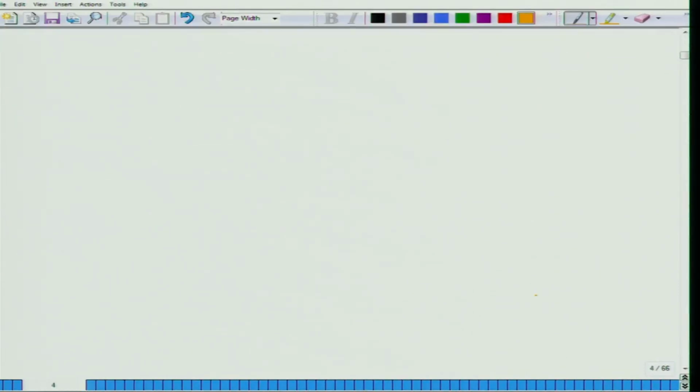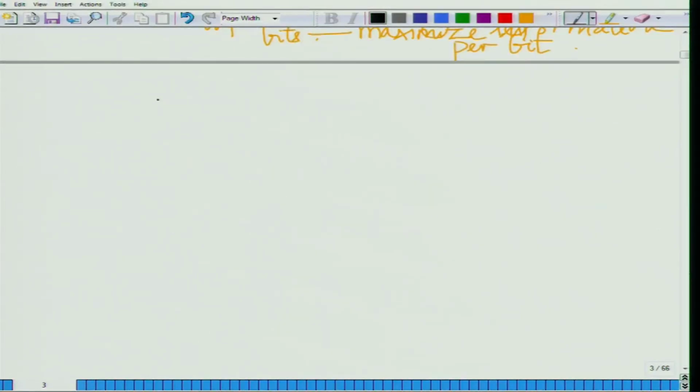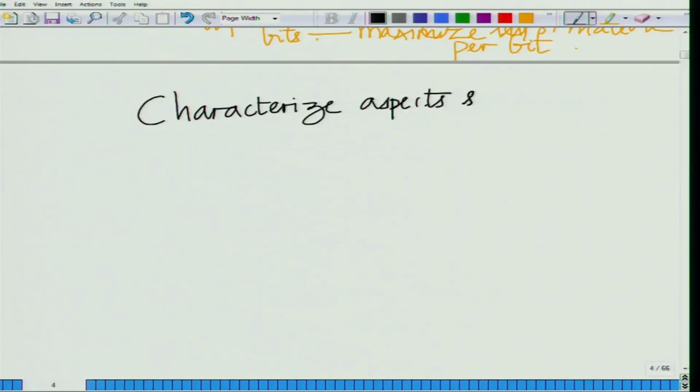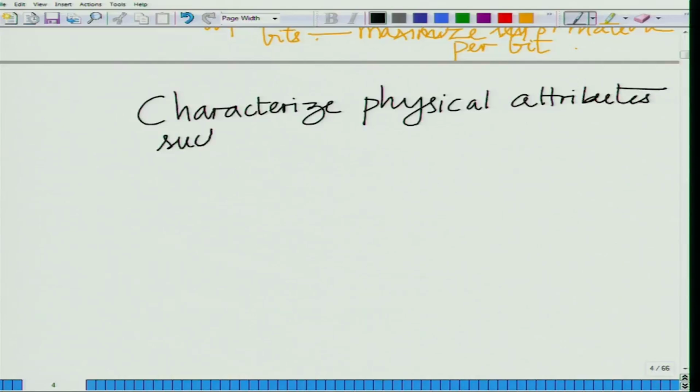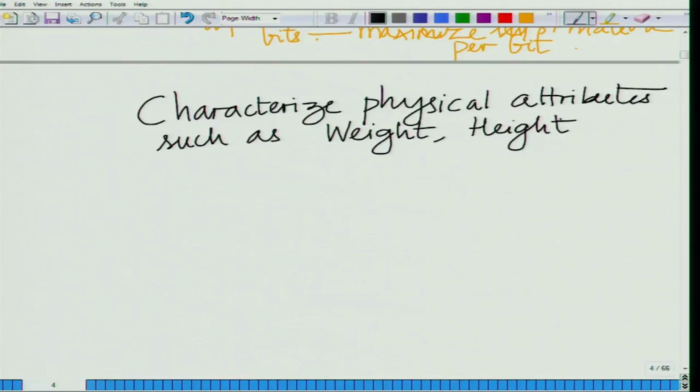And now we all know, we are very familiar with how to characterize physical aspects, or let me be a bit more explicit, characterize physical attributes such as the weight of an object, the height, for instance, the volume, and several other aspects.